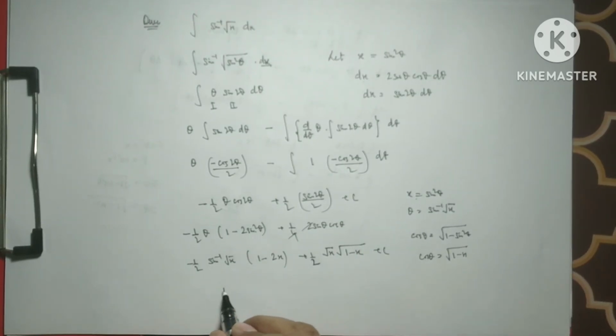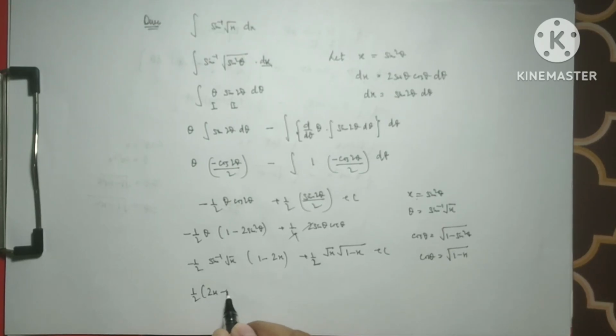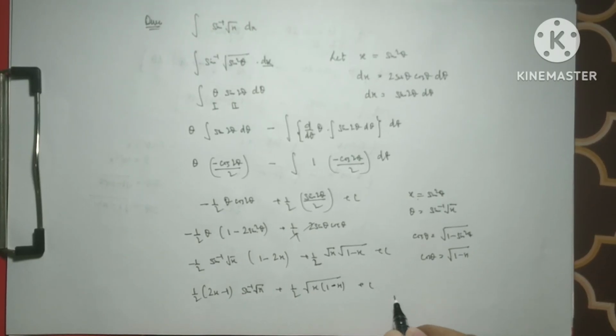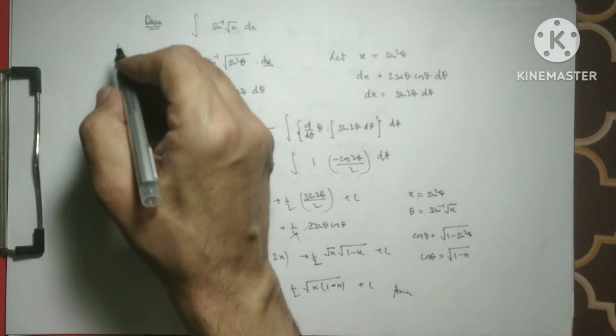So when you multiply this negative sign, you get half 2x minus 1 sin inverse root x plus half under root x into 1 minus x plus c. So this is the answer, and this is an important question.